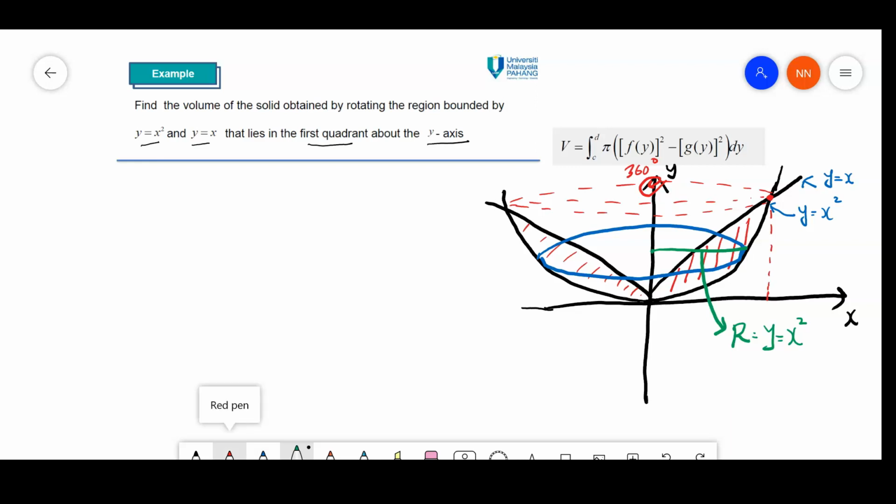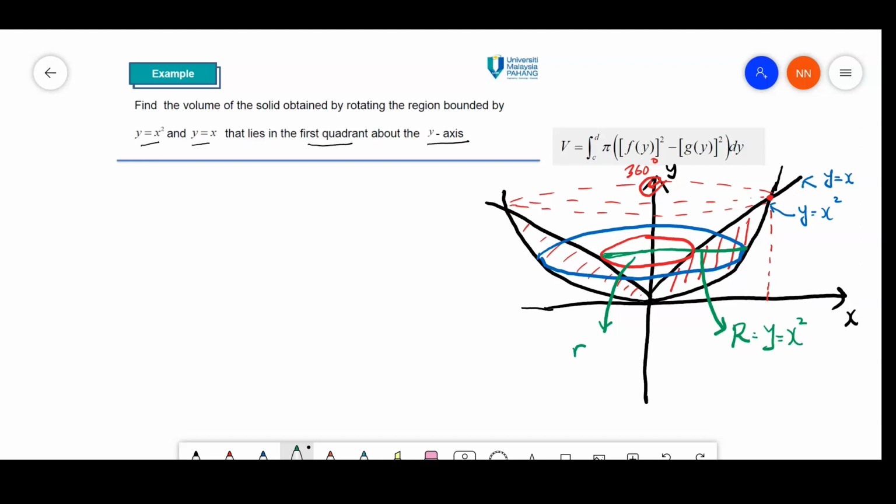Then if I have another circle here, the inner circle, I will have this as my small r.